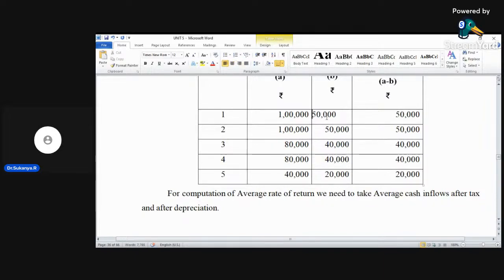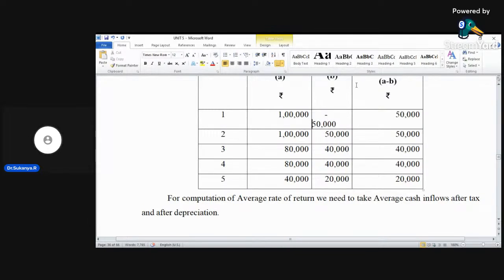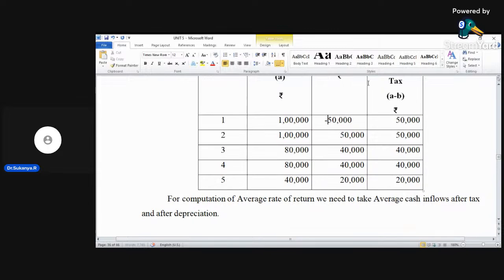Now, this is the tax amount that you are deducting. Minus 50,000, minus 50,000, minus 40,000, again minus 40,000 and minus 20,000. So here in the last column, you will be able to get cash inflows after depreciation and after tax.